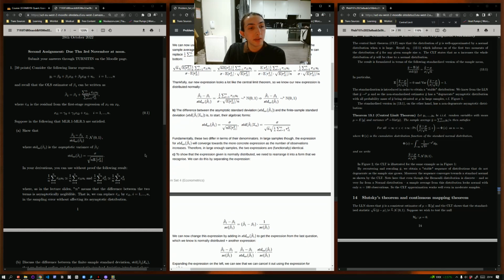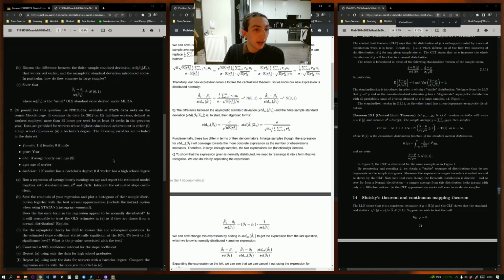Okay, so for B, discuss the difference between the finite sample standard deviation of beta 1 hat conditional on xn, that was derived earlier, and the asymptotic standard deviation introduced above. In particular, how do they compare in large samples? So, you can see, first of all, the differences between the equations themselves here.